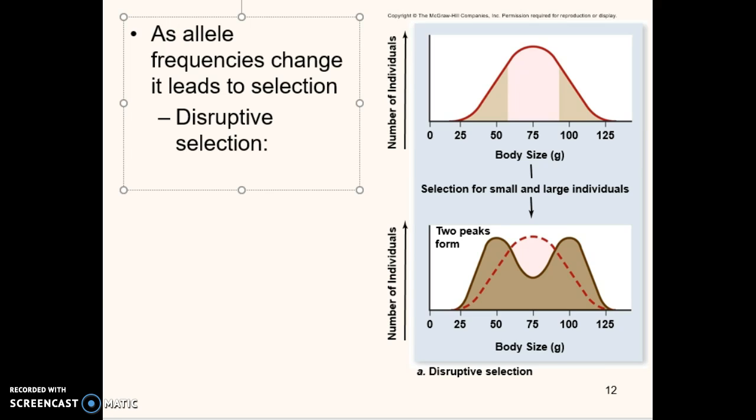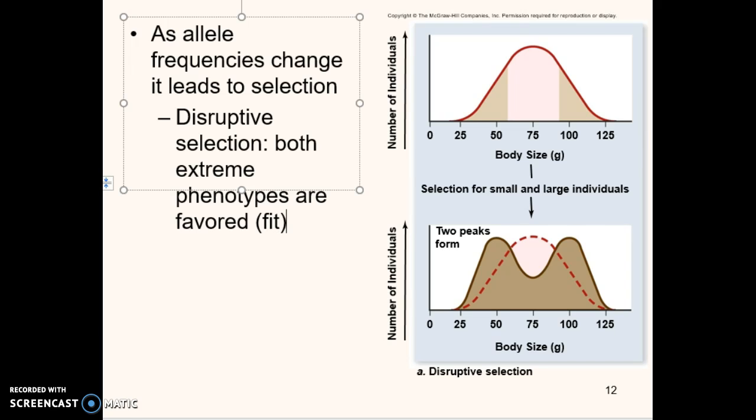And this population is undergoing disruptive selection. Both extreme phenotypes are favored, or we would say are fit. So for whatever reason, being really, really big is good, being really, really small is good, and being average, not so good. You're not fit, you're not able to reproduce, you're not passing on your genetics.